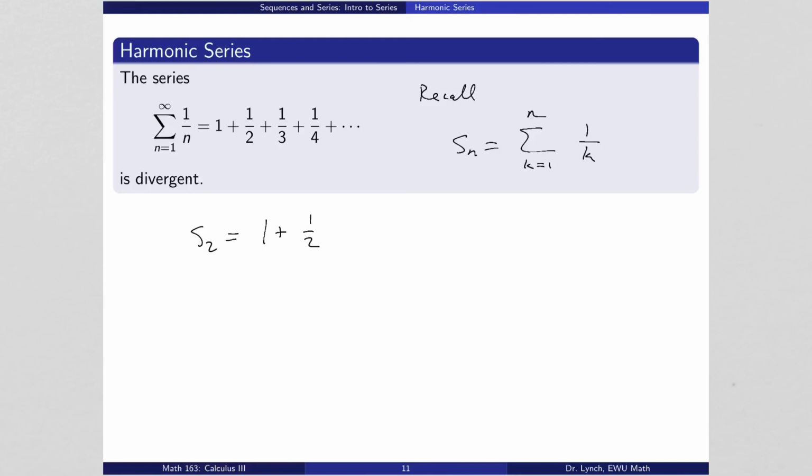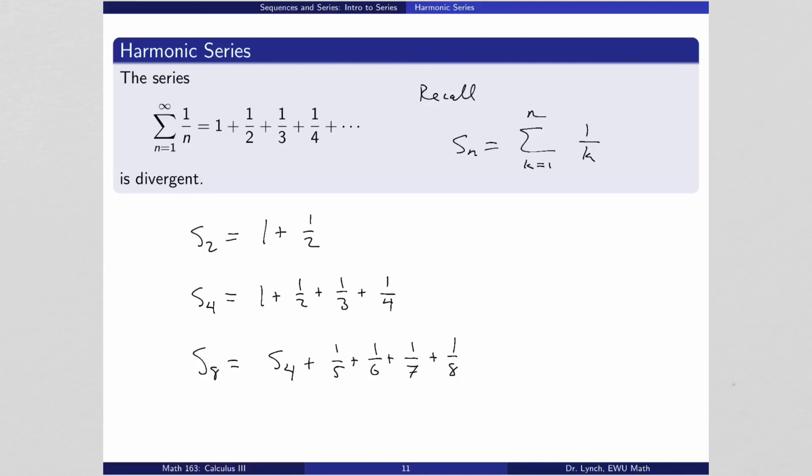Similarly, the fourth partial sum can be expressed in the following way: 1 plus 1/2 plus 1/3 plus 1/4. And the same thing for the eighth partial sum. And here, rather than writing out the first 4 terms of the eighth partial sum, I'm just writing it in terms of s sub 4.